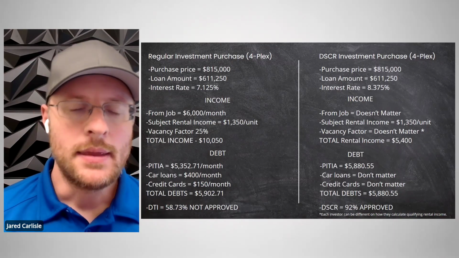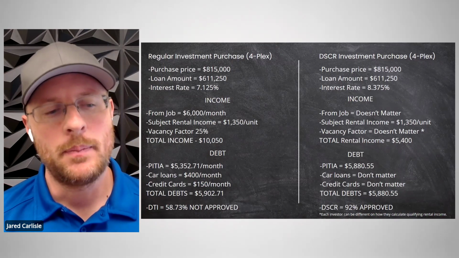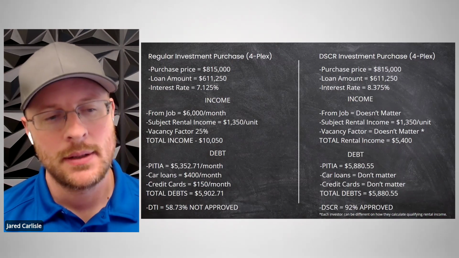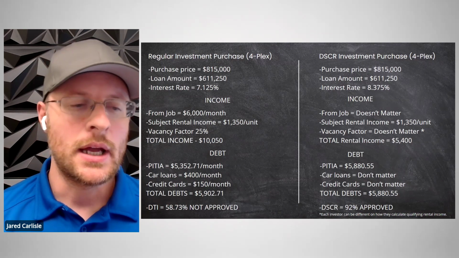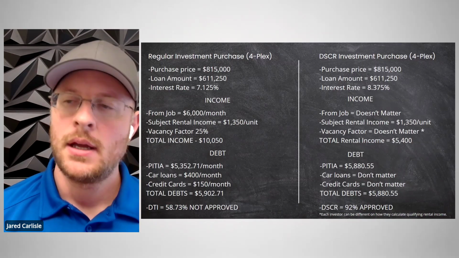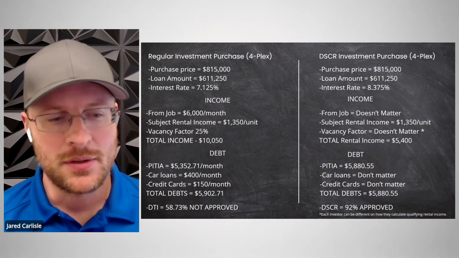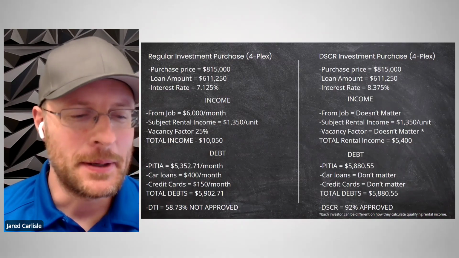Okay. And then what we're going to do is look at the debt. We're going to take that mortgage payment of about $5,300. We're going to look at the things on the credit report, like the car loans, the credit cards. We're going to say that they don't have a ton of those. You'd be shocked. Some people got the $1,000 a month cars there.